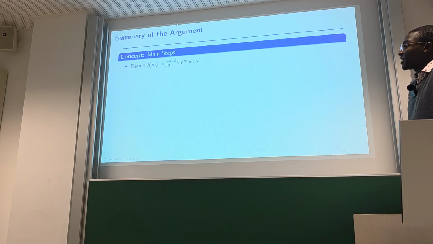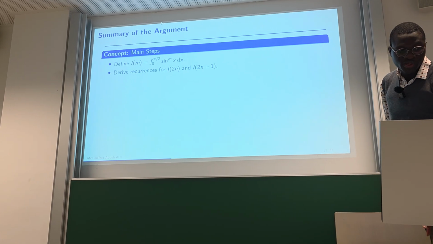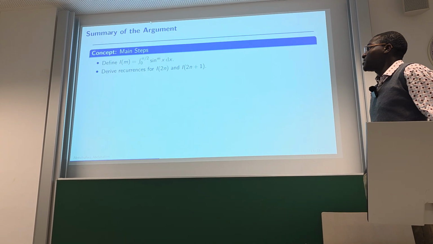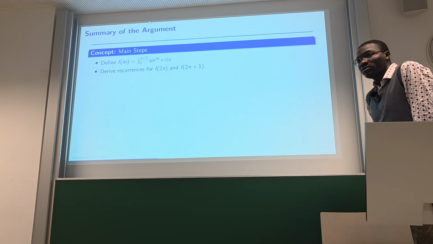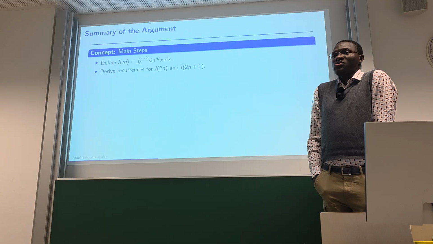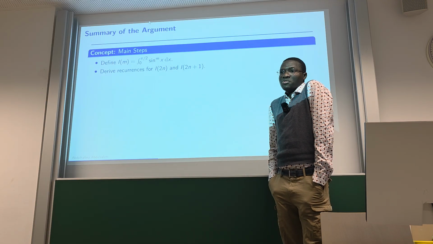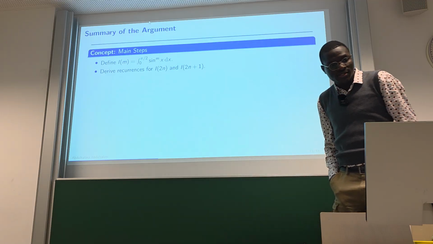So you could start with I_m, or you could start with J_m if you wanted. You could derive recurrences for I_2n and I_2n plus 1 just from the recurrence relation for I_n. And these recurrence relations are referred to as reduction formulas in a standard calculus course.